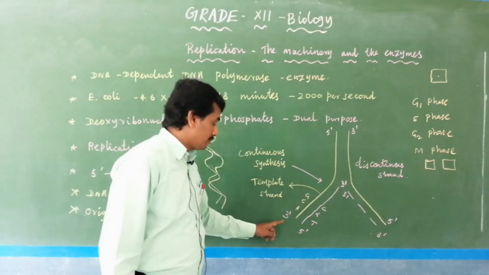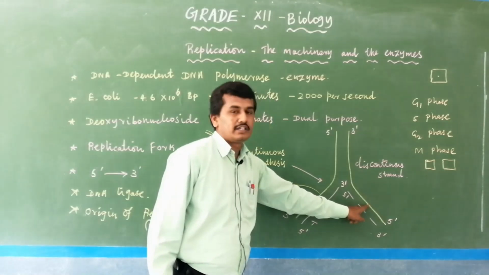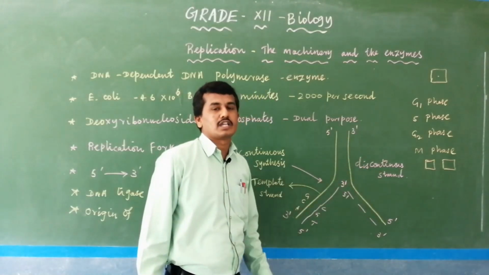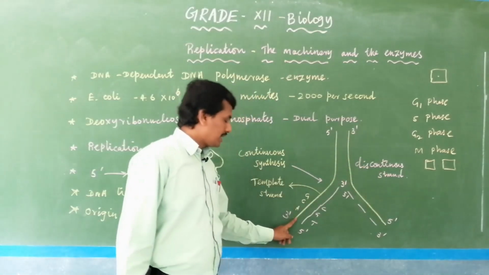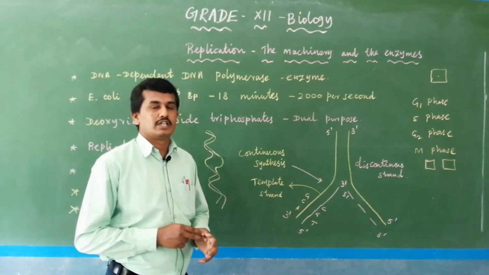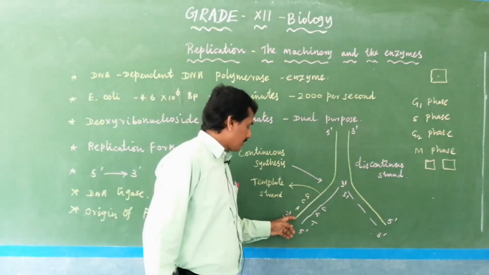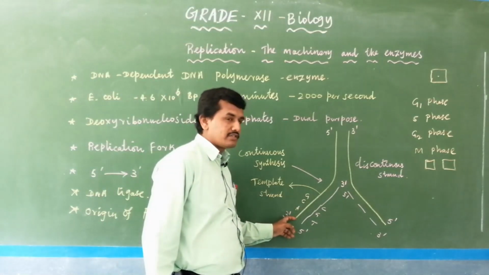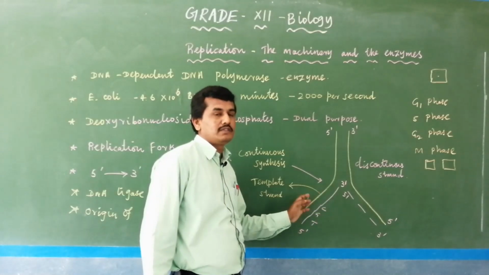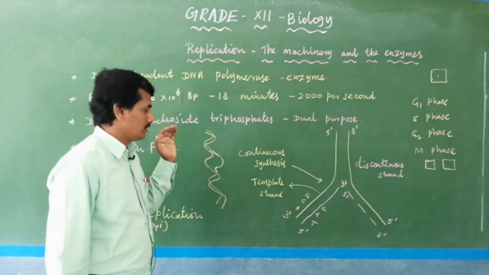Template strand means nothing but the parent strand. From the template strand only, the new DNA is formed, dependent on the template strand, with the use of DNA-dependent DNA polymerase.